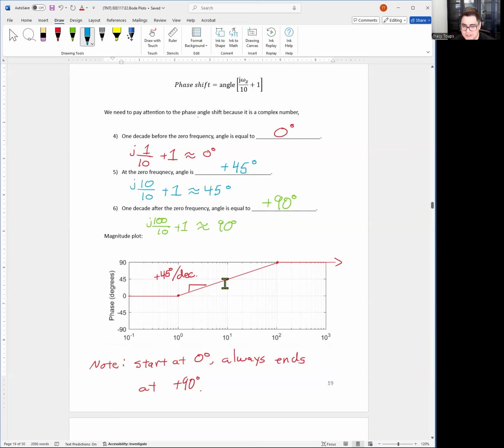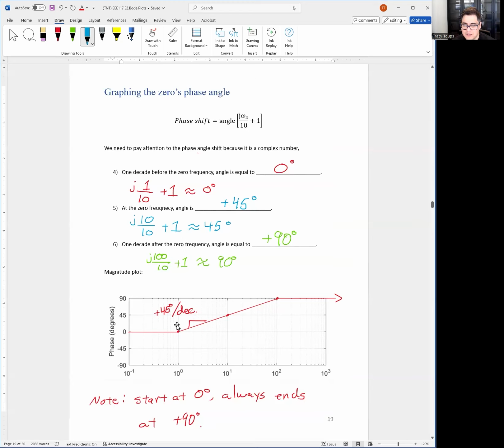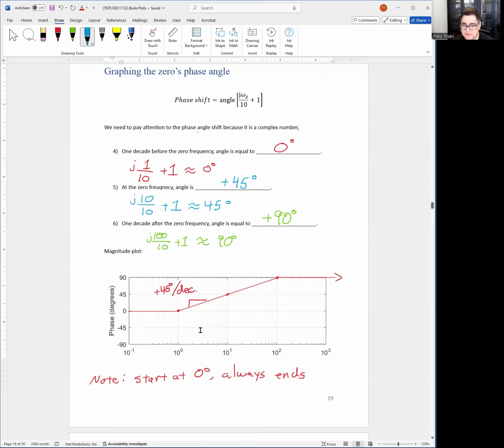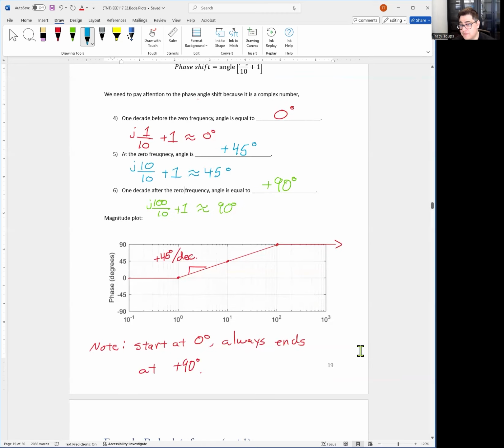From 1 to 10 to 100, the slope is positive 45 degrees per decade, right? And everything else is flat. So that's your phase shift. Again, the big difference between poles and zeros is that for a zero, the phase shift goes positive and the magnitude goes positive. For a pole, it goes negative and negative. That's the only two differences.